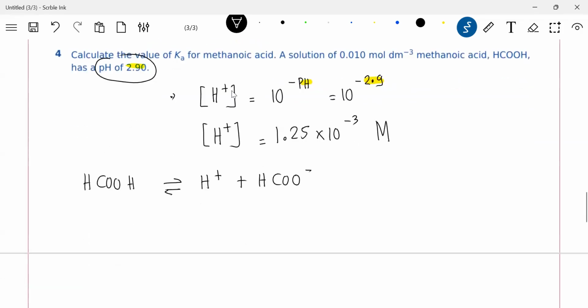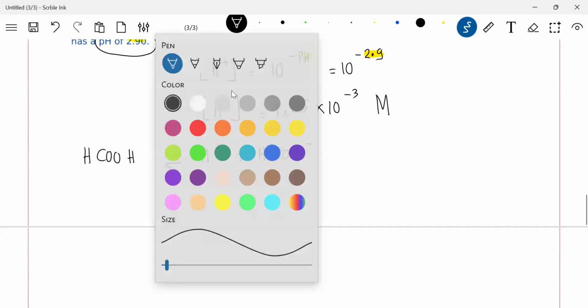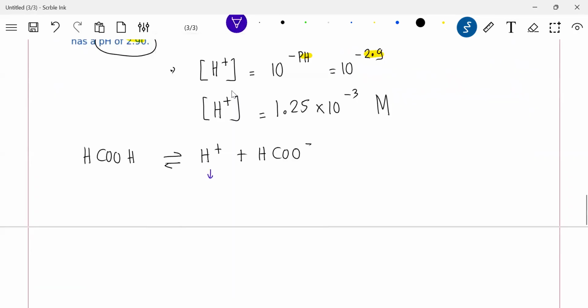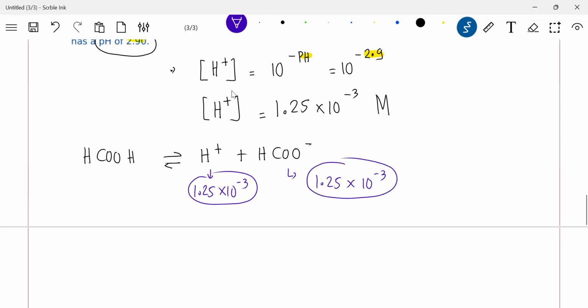So if the concentration of H plus is 1.25 times 10 to the power of negative 3, the concentration of HCOO negative will be the same, 1.25 times 10 to the power of negative 3 also, because the coefficient is the same. This is 1, this is also 1. So the concentration will also be the same. Understand, Diva? Any questions?